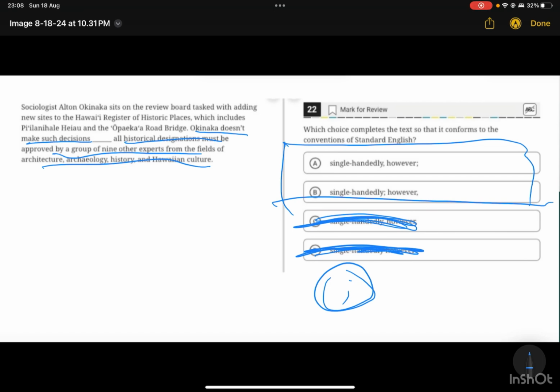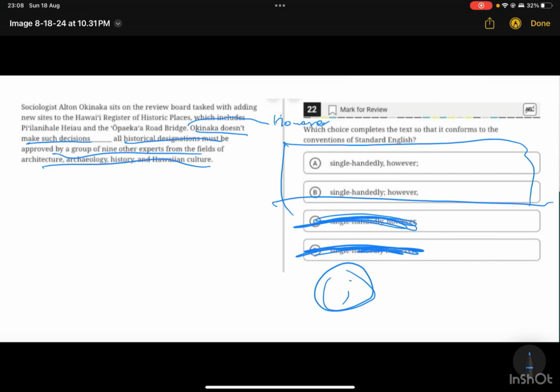However, if we put "however" before it: However, Okinaka doesn't make such a decision; and then a semicolon. All historical designations must be approved by a group of nine other experts from the fields of architecture. This is a contrast with the first sentence, not the second sentence.